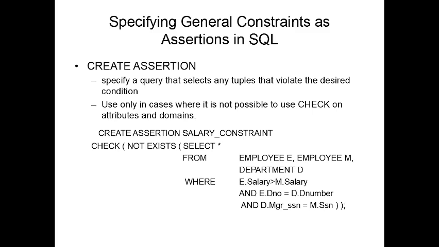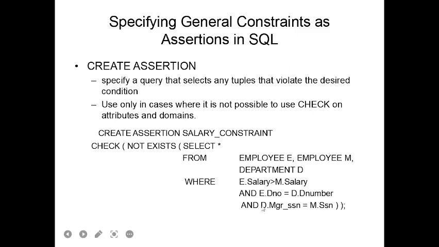And this condition is similar to the where clause of an SQL query. For example, suppose we want to specify the constraint that the salary of an employee must not be greater than the salary of the manager of the department that the employee works for in SQL.